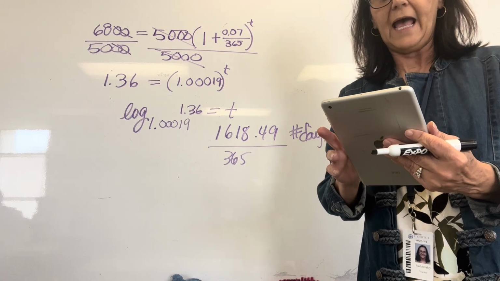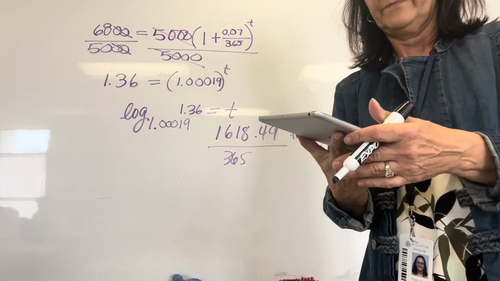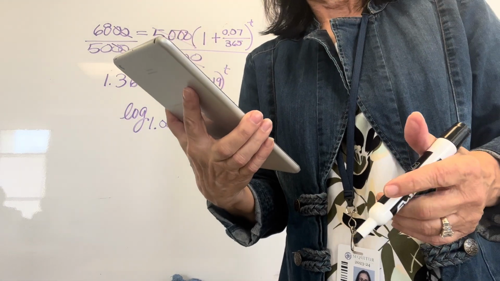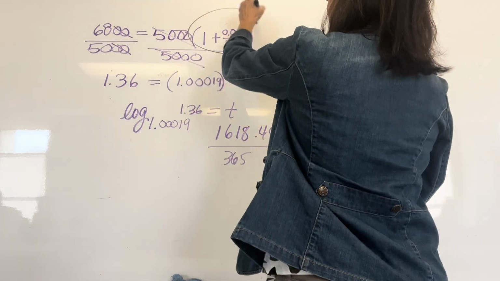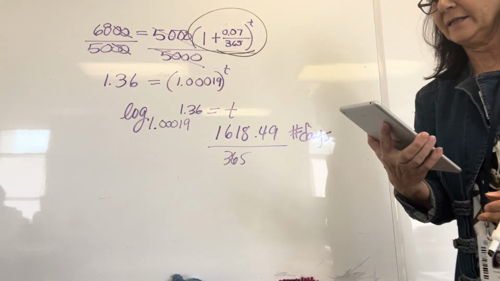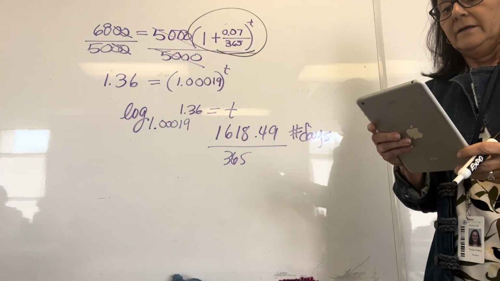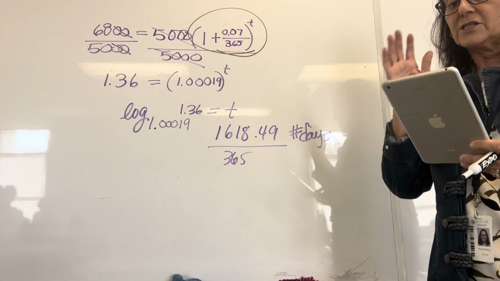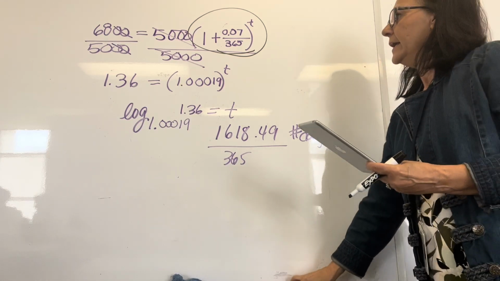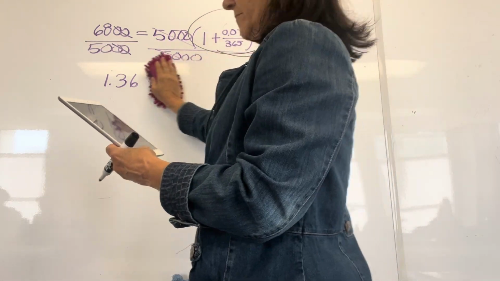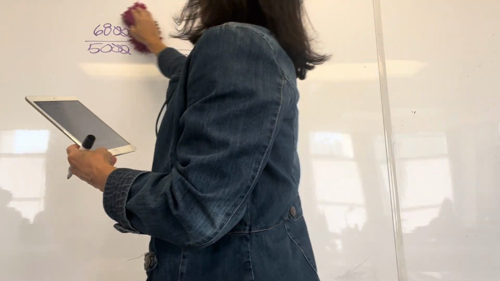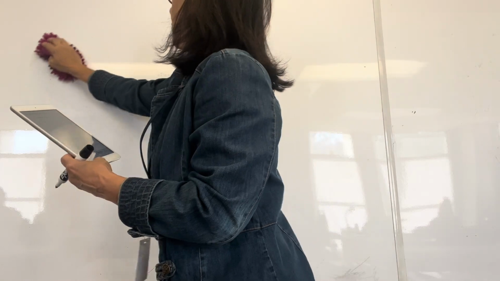This is how we get E. So we're just looking at what's inside the parentheses. Got it? So if I have, and they just use a rate of 100%, which is 1.